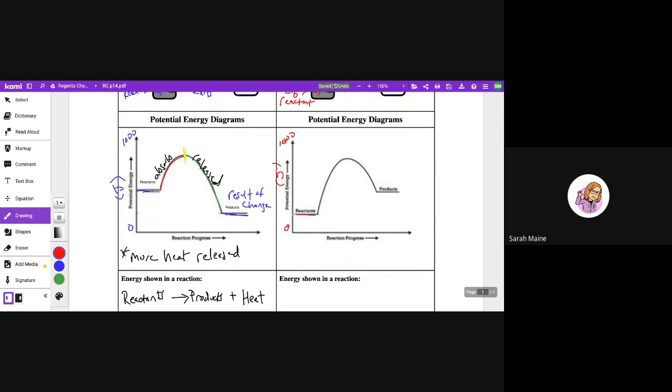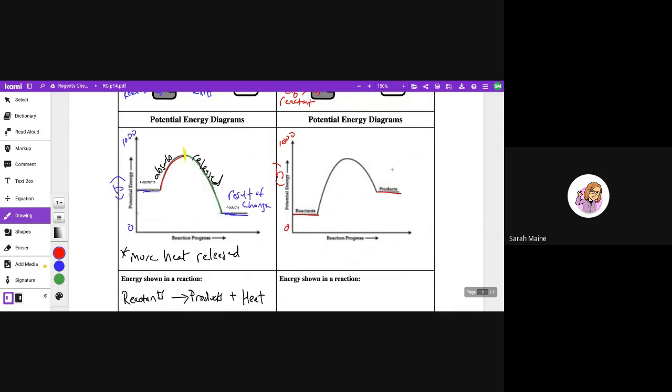We have our two platforms, just like in the other one. The platform closest to the y-axis is where we start, the reactants, what the heat energy is going into, and the platform farther to the right is the result of the change.